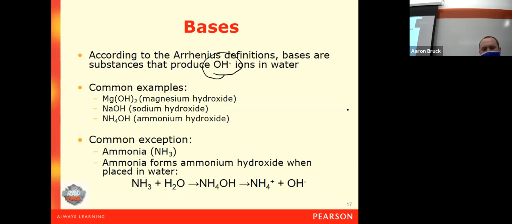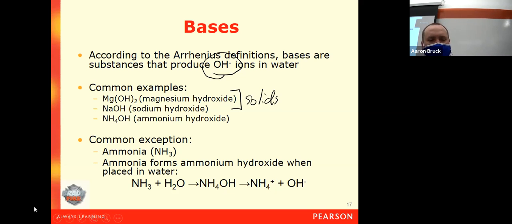Now, there is one exception to this, and that is the gas ammonia. Ammonia, NH3, is a gaseous substance that has basic qualities to it. Unlike these two up here, which are solids, when they dissolve in water, basically the magnesium ion and the hydroxide ion split apart from each other.